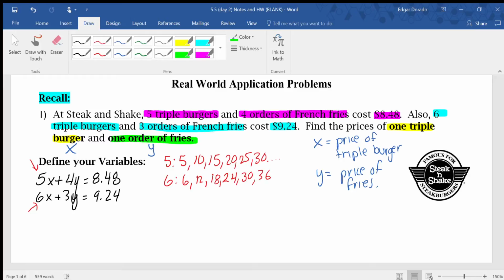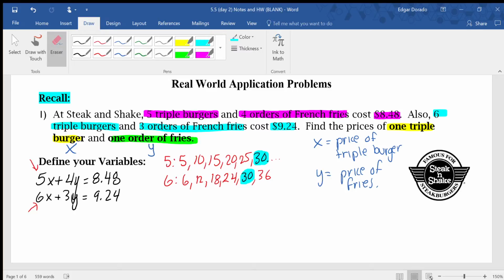Well, what I want to find out is, are there any multiples that these two numbers have in common? So it looks like right away I can find one, and that would be 30. So my goal here is to try to get these x's to be a positive 30 and a negative 30.